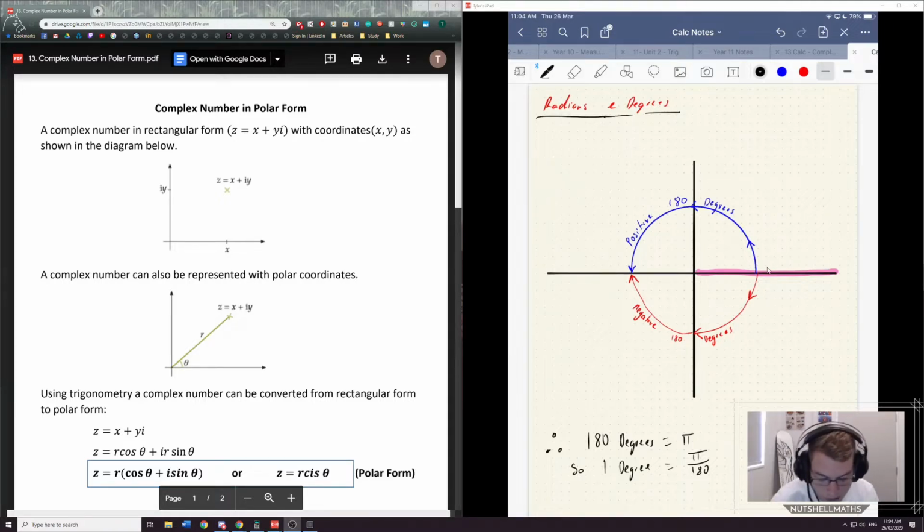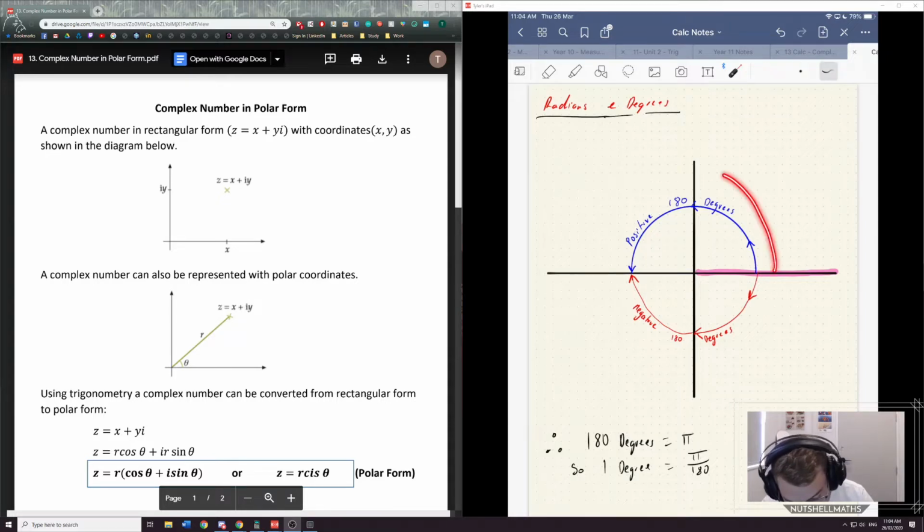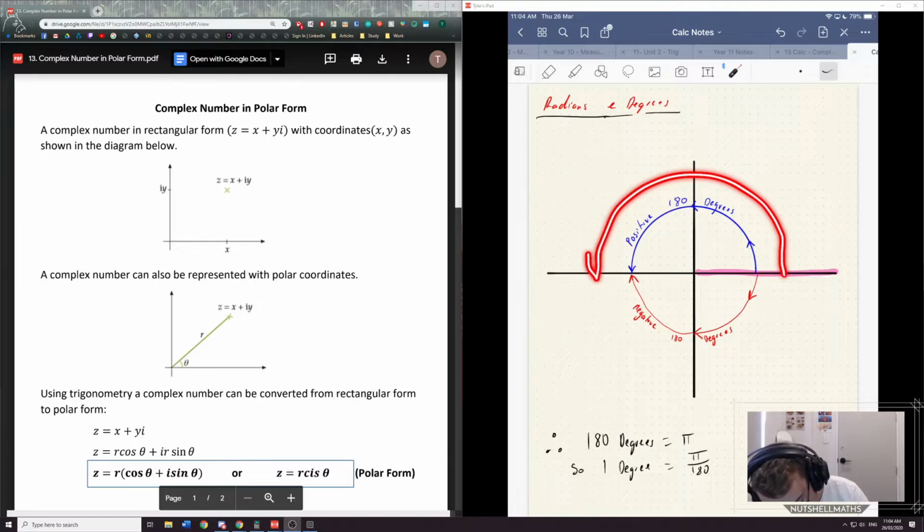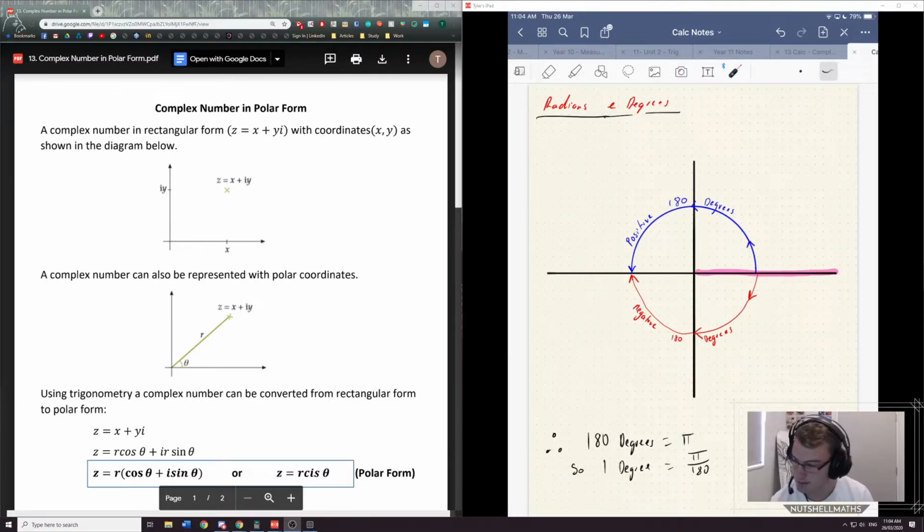So let's have a look at this. Right, I've drawn this beautiful diagram, and you can see. Let me get my little laser pointer. You can see here that I've got around here 180 degrees, which is what we explored yesterday. If this is all news to you, you should go back, exit this, go back to yesterday's video and watch that. But we explored that this is positive 180 degrees and this is negative 180 degrees.